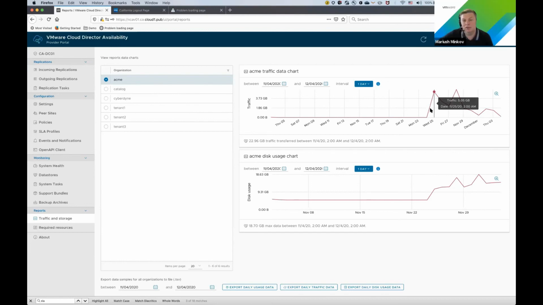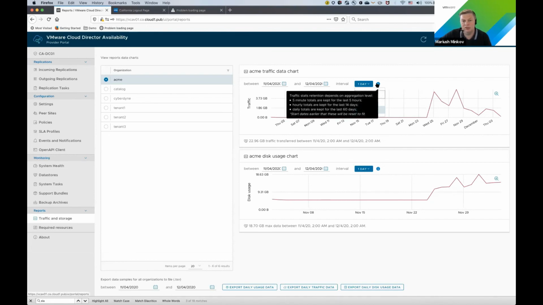But this is a list of data samples that are aggregated by day, hour, or 5 minutes. And depending on the aggregation level, there is a different maximum period for which you get the history. So if you are interested in daily aggregation, you are getting the last 60 days, which is more than enough to recover the state from last week.